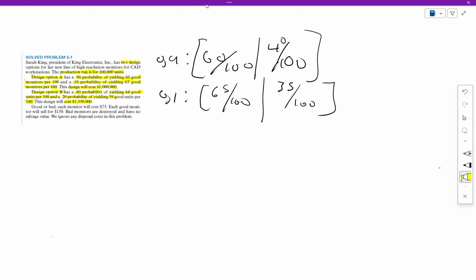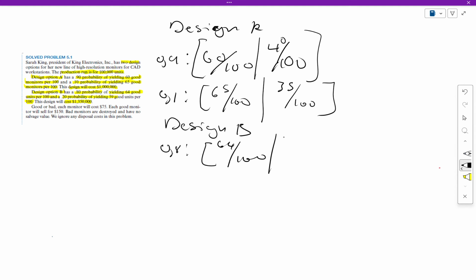Now, this is your design A. For design B, we're having a 0.8 probability that 64 over 100 will be good, and then obviously the remainder will be bad, which is 36.